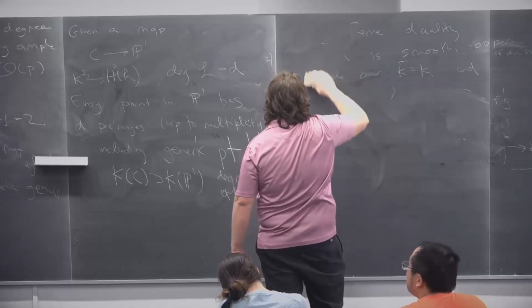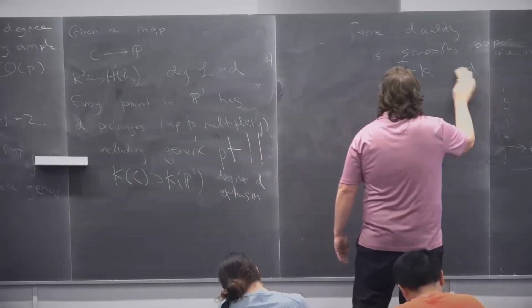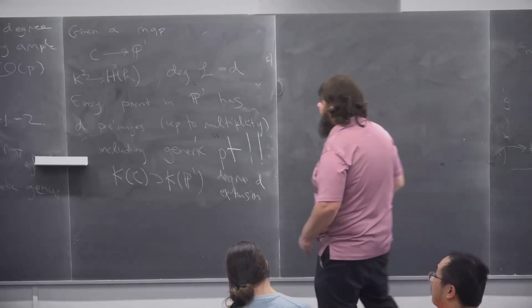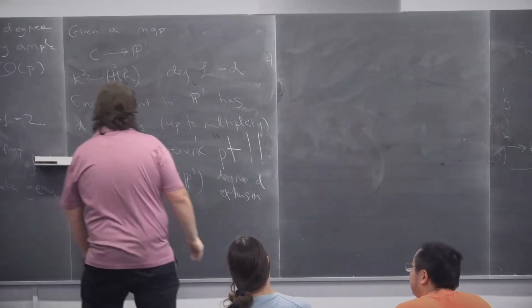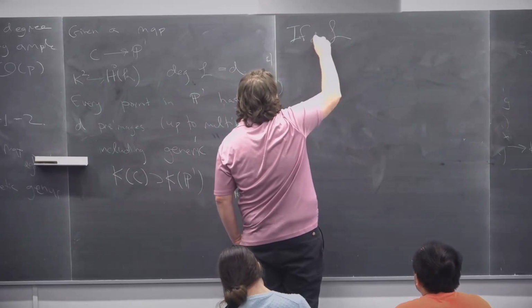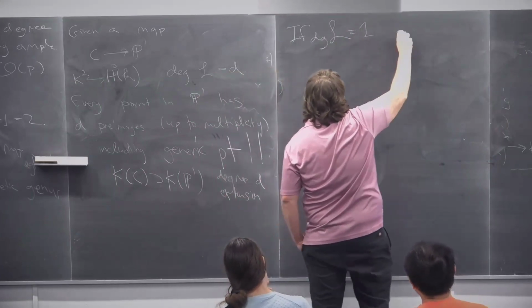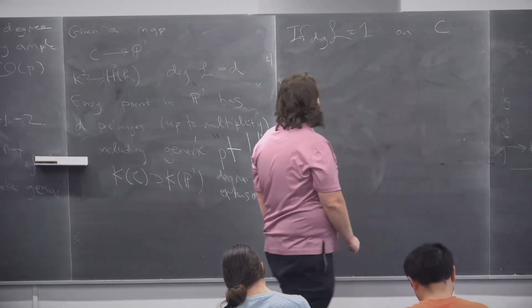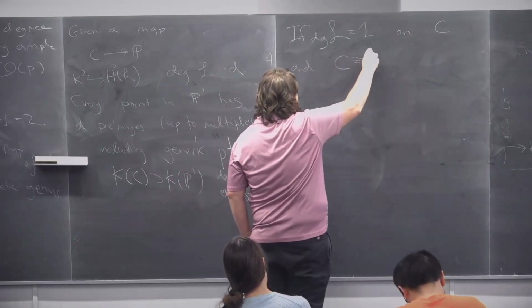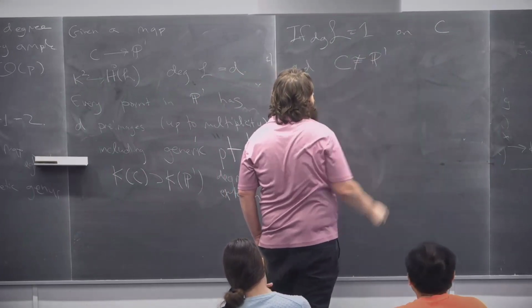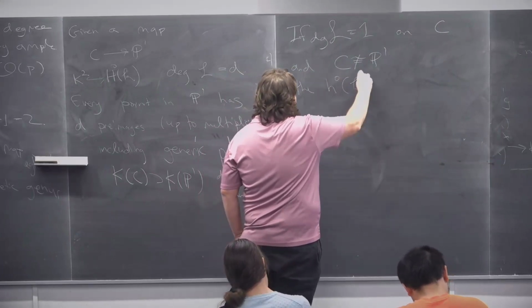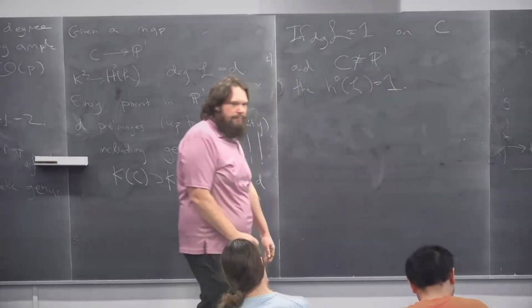Note here, you can use a very similar principle to show that if I have a line bundle L of degree 1 on C, and C is not isomorphic to P1, then h0 of L is equal to 1.